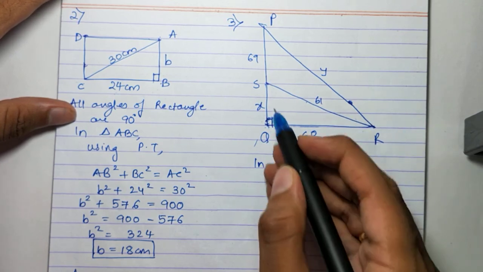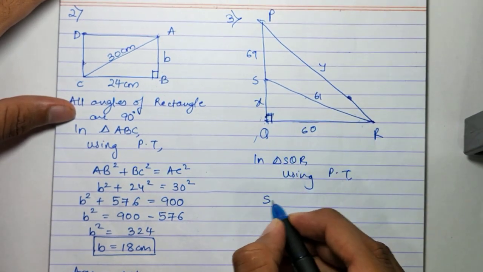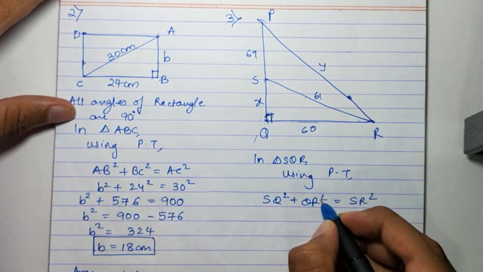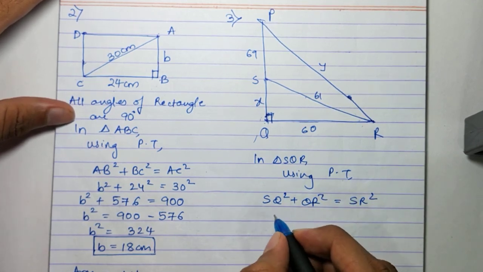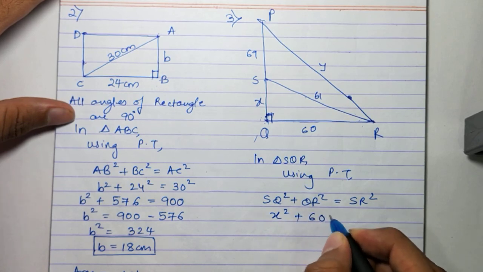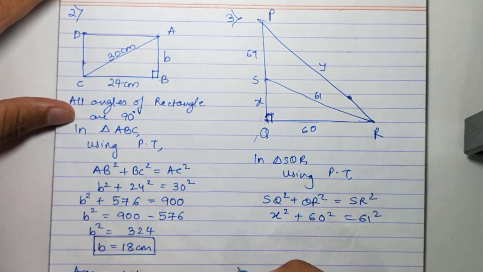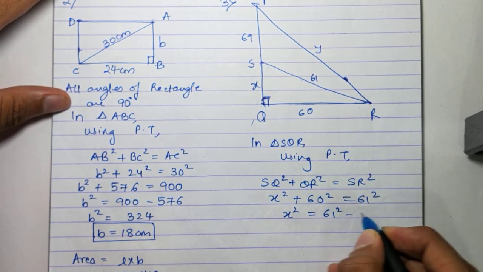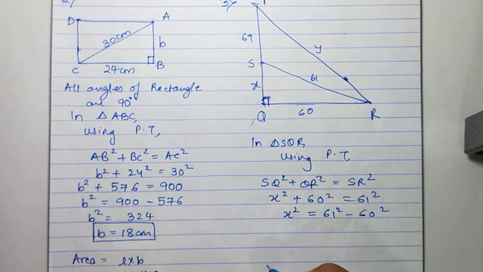So SQ square plus QR square is equal to SR square. So X square, put these values.